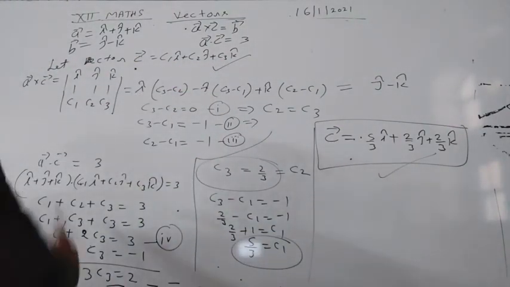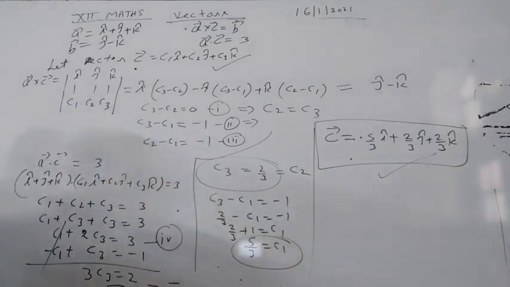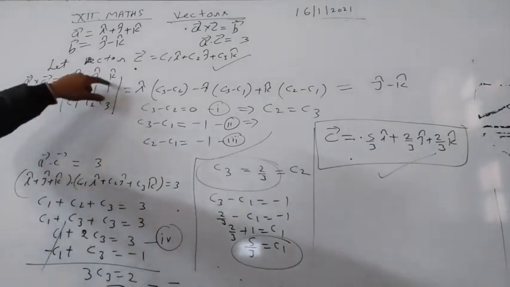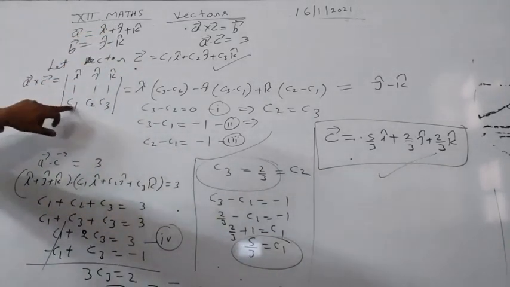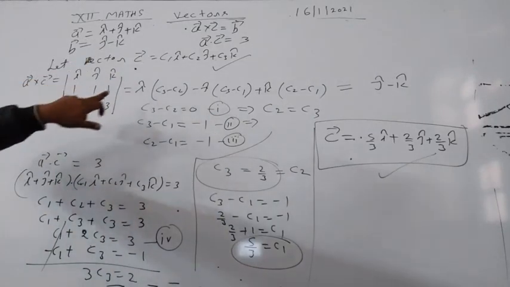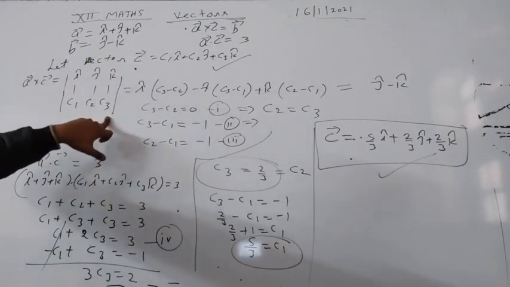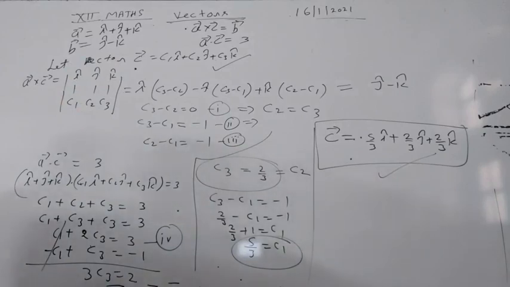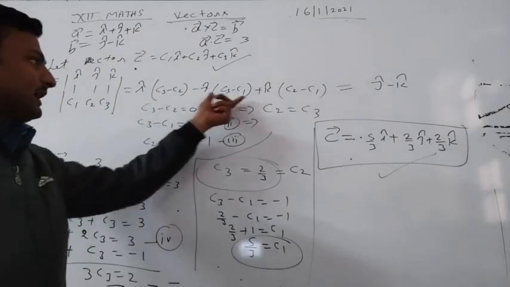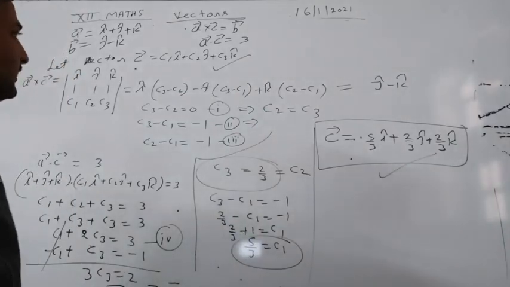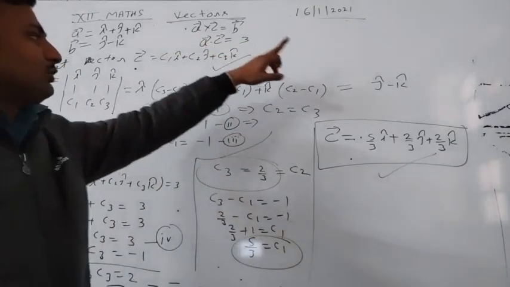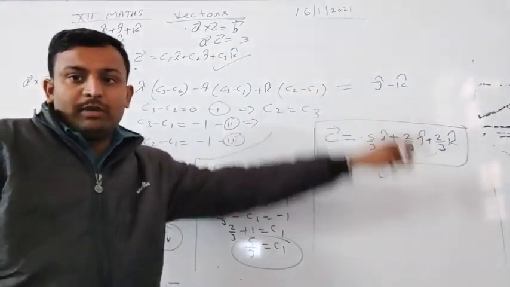Okay, so A cross C is IJK, and this IJK is 1, 1, 1, and this vector C is C1, C2, C3. Now, student, when we use the concept of determinant, we expand this, we get this, and we are seeing that our A cross C is equal to B. So we are putting the value of vector B.